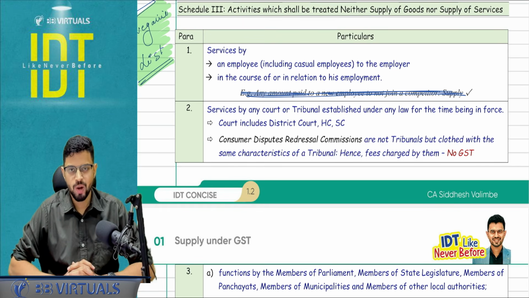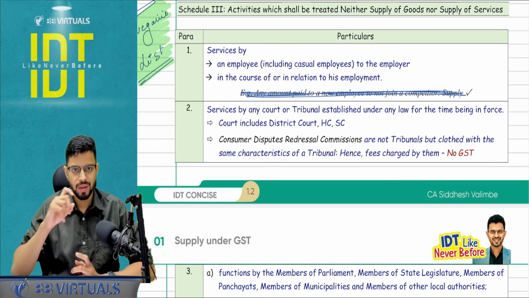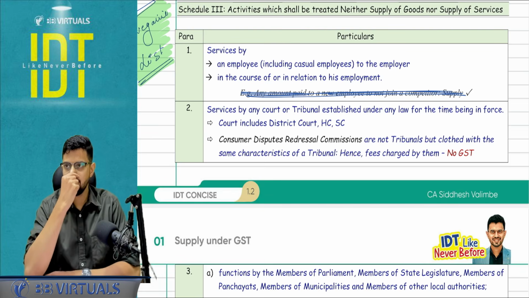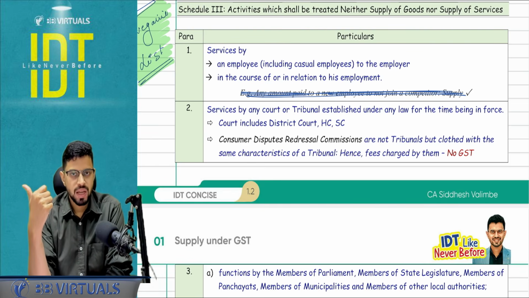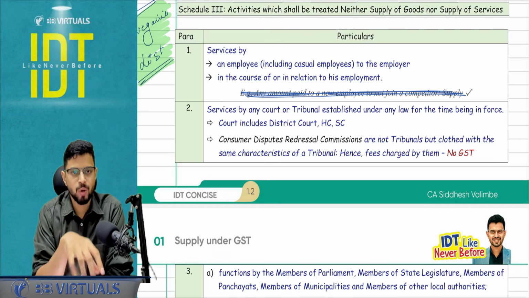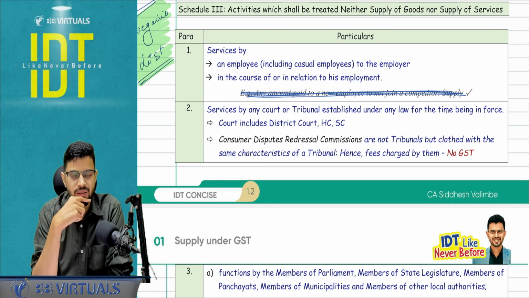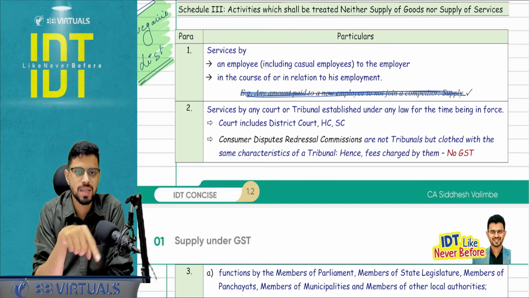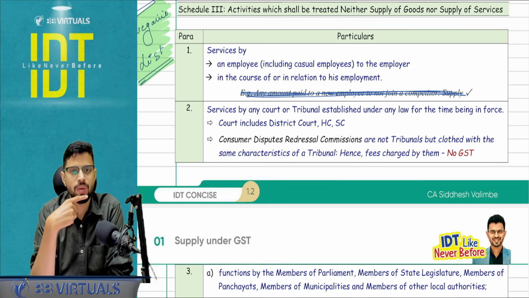Okay. So what is the condition? Employee-employer, in the course or relation to his employment. So for example, I'm working in PwC, but I have my family business of laptops. My family is into the business of laptops and computers. And my company PwC purchases certain laptops from my business. Means I'm the employee, I'm selling the laptops to my company.